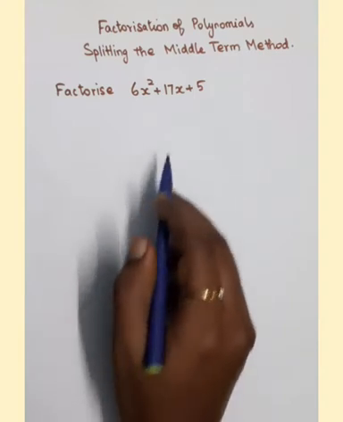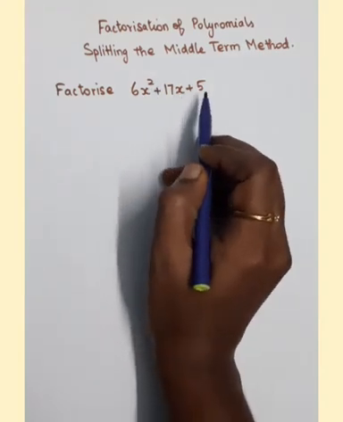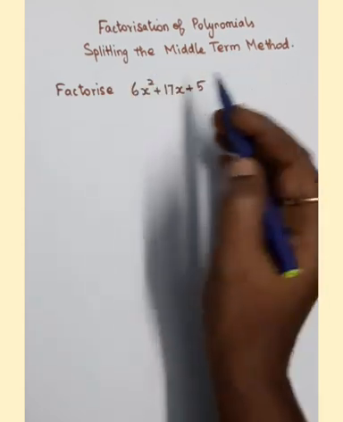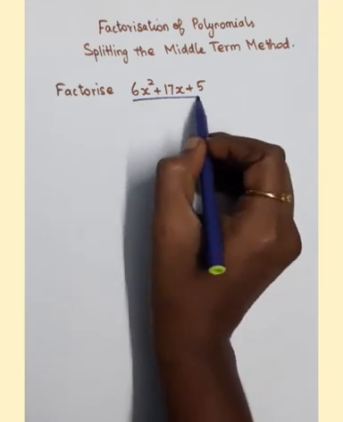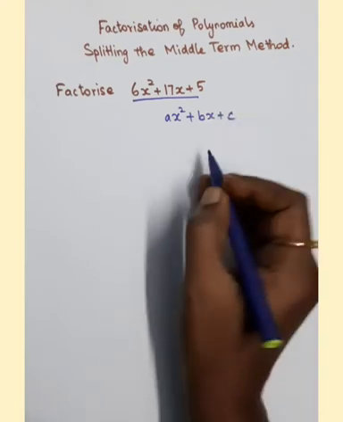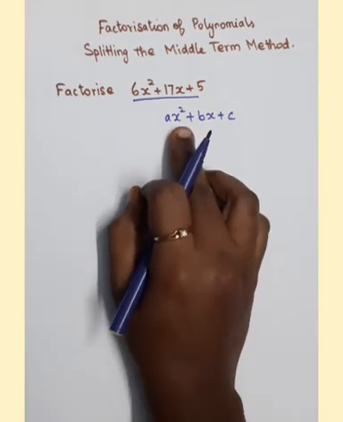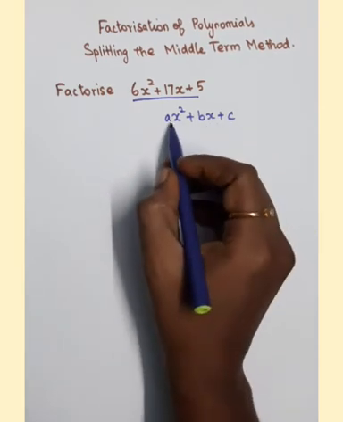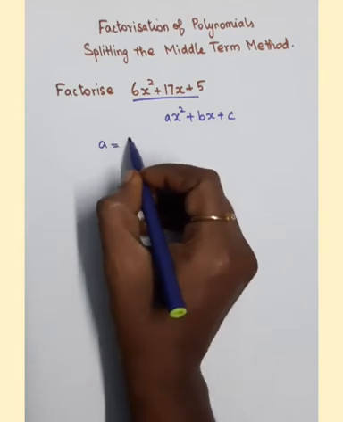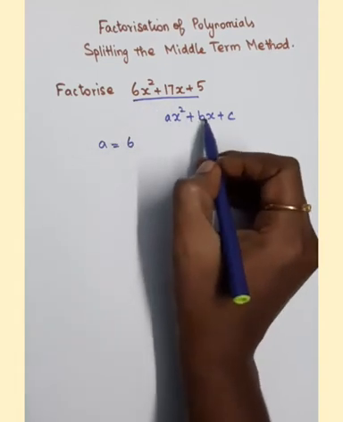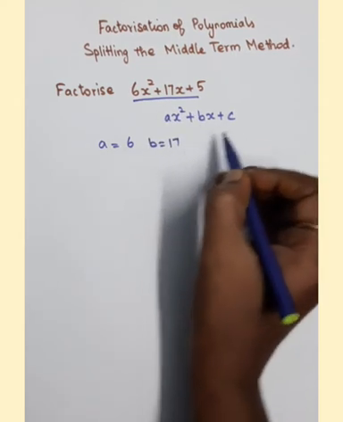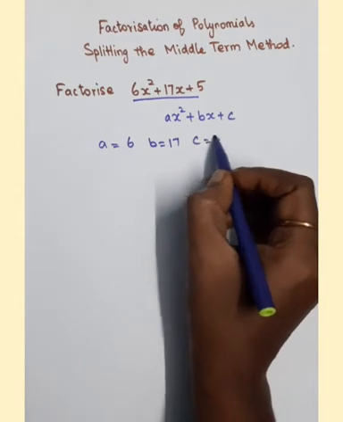We are going to factorize 6x squared plus 17x plus 5 using the splitting the middle term method. So, this quadratic polynomial is of the form ax squared plus bx plus c. Now, we will write the coefficients of a, b and c. So, the coefficient of x squared, that is a, equals 6, the coefficient of x, that is b, is 17, and the constant term c is 5.